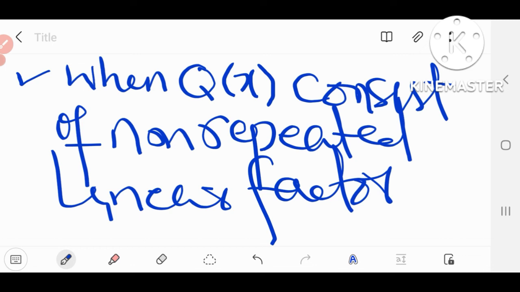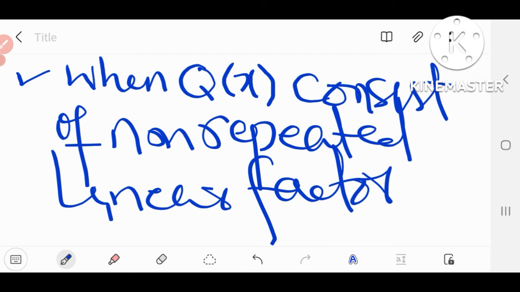We cannot convert it into factors, so it does not belong to case number 1. It belongs to case number 3, because that quadratic factor is not factorizable.